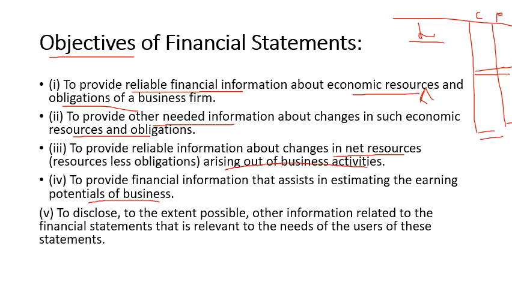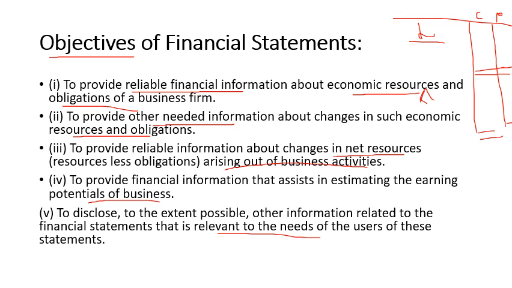And the fifth one, to disclose to the extent possible other information related to the financial statement that is relevant to the needs of the users of the statements. So the financial statements will provide all the relevant information as per the relevance concept, or the objectivity concept. The accounting information will provide all the relevant data to make decisions for the external and internal users.